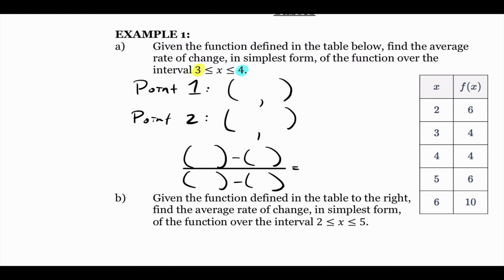Which point goes with that in the table? 3 comma 4, right? 3 is x, y is 4. That's my first point. Where did I end? I ended at 4. 4 was where I stopped. So that's going to go here.